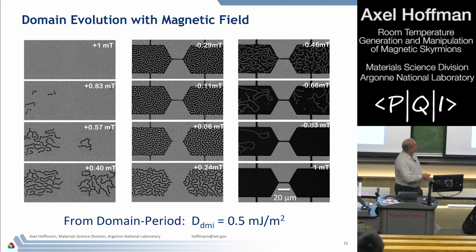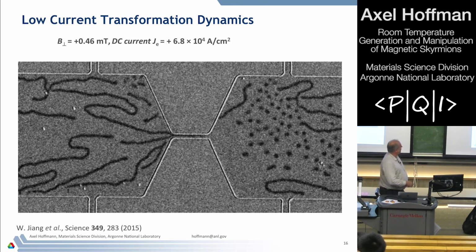And now what we can do is go to a magnetic field where we have few individual stripe domains. So it's mostly bright and very few dark domains. So this is what you see here. So we have here these stripe domains.